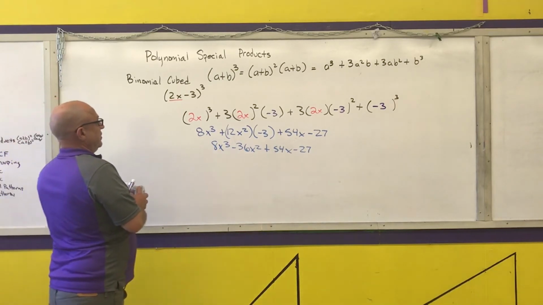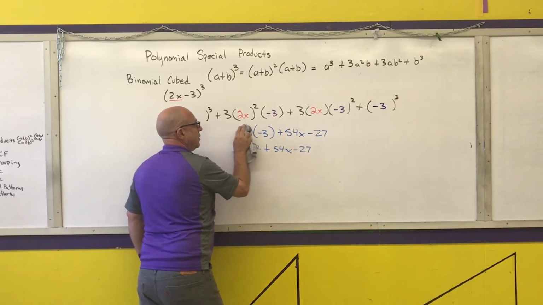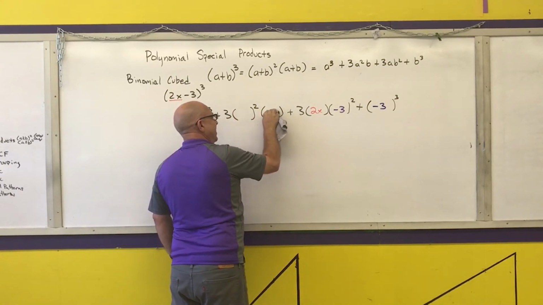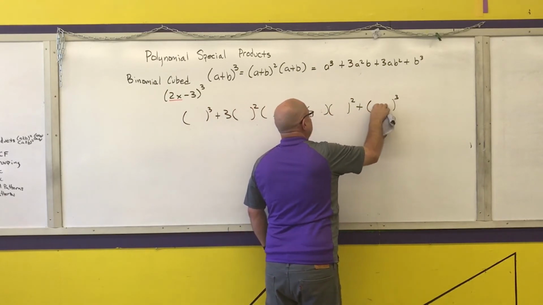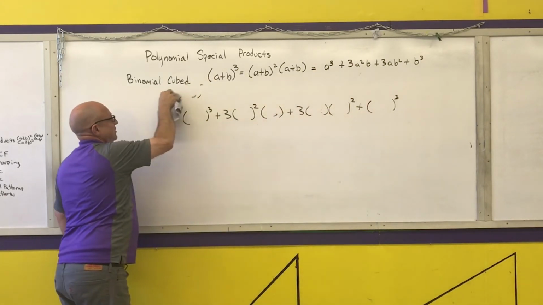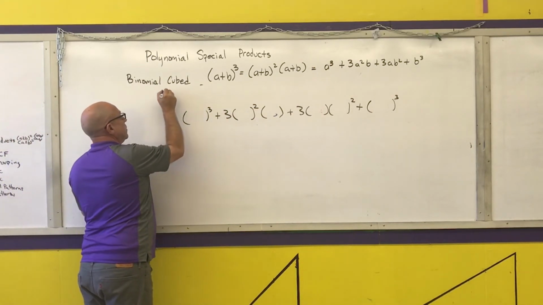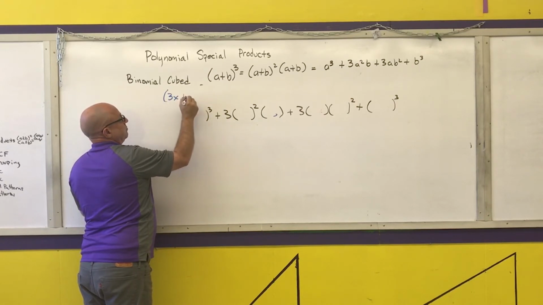The second example I'm going to do, I'm going to use the exact same set of parentheses again. And this time I'll put a plus sign in between the two: 3x plus, let's just do y cubed.